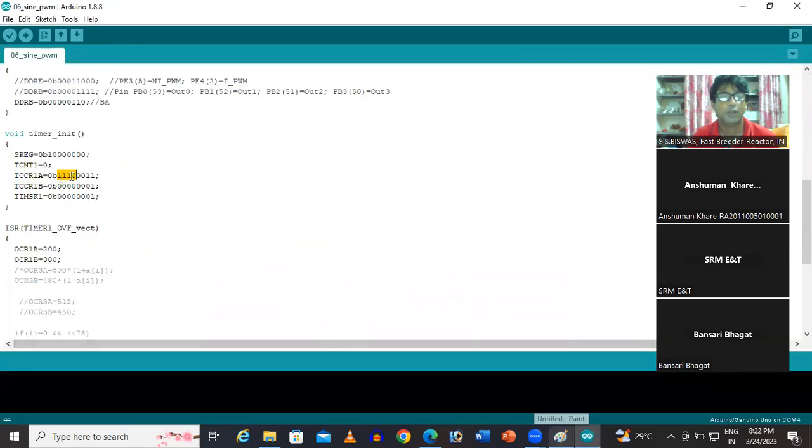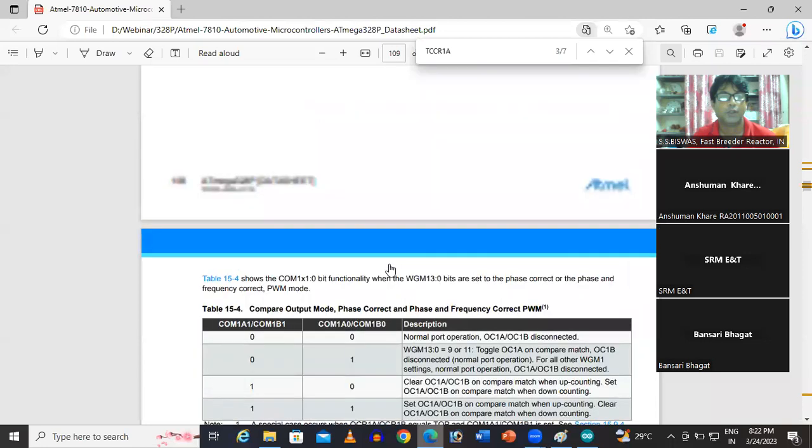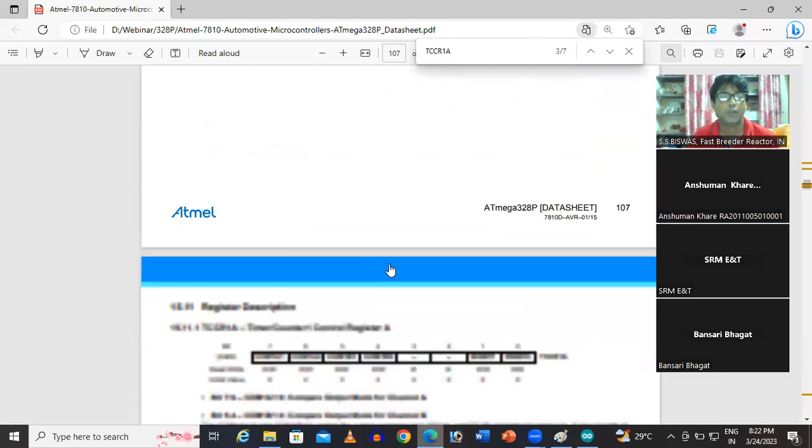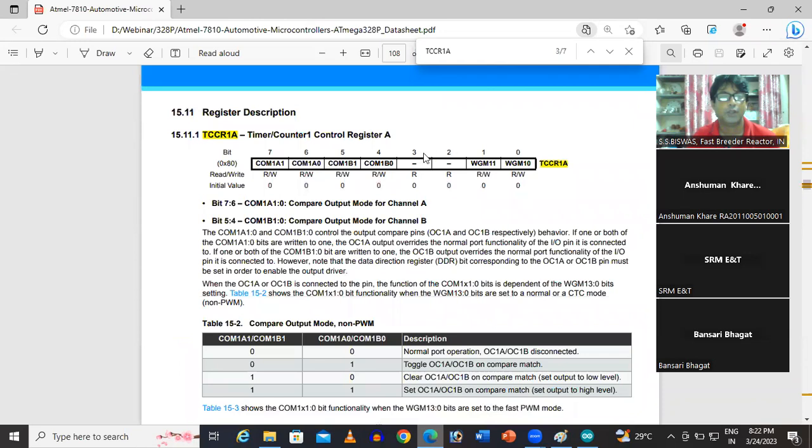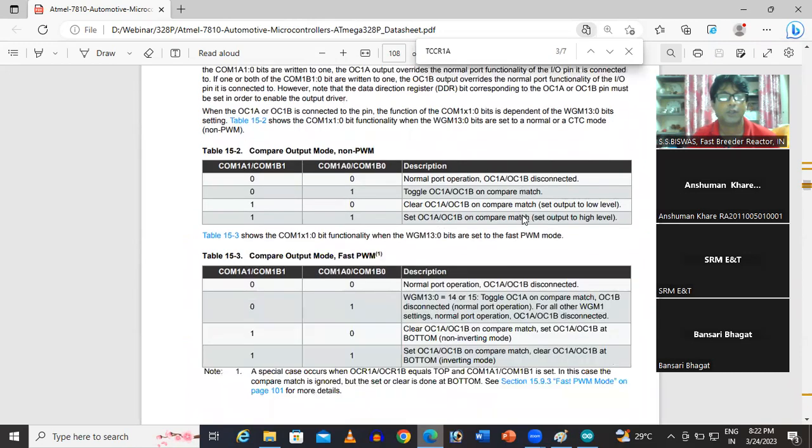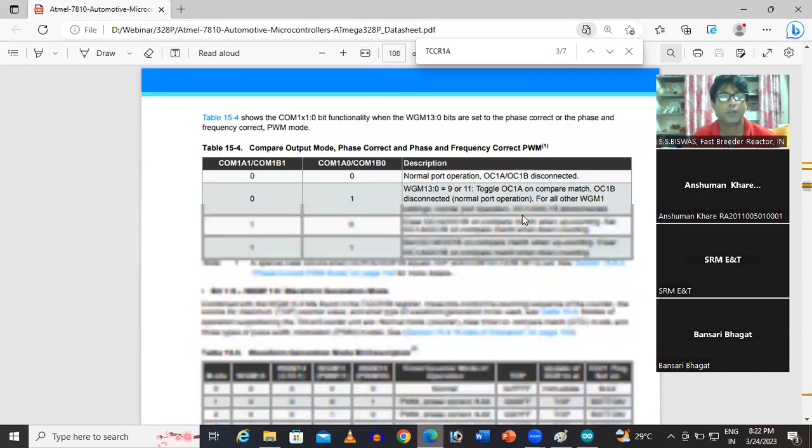So now this 4-bit application we have understood. Now let us see what the other 4 bits are. You see, the other bits 3 and 2, there is nothing there. It is a don't care condition. And the 1st and 0th bits are WGM11 and WGM10. This is called waveform generation mode.